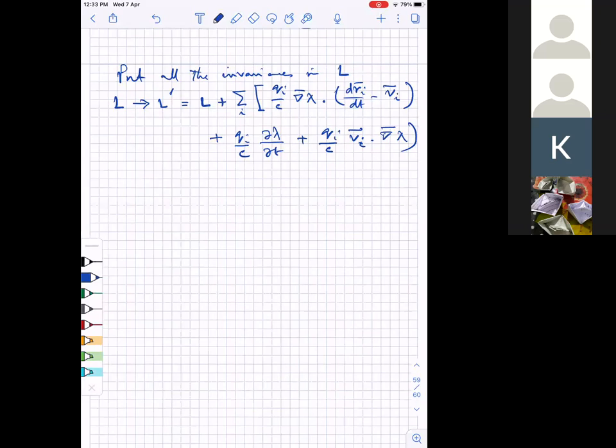Now I can collect all these terms together, and I can write this down as L plus summation over i of q_i by c d lambda dt plus the other terms. Check that you can do this. Some of the terms will cancel out.